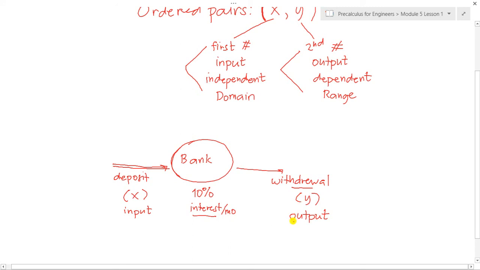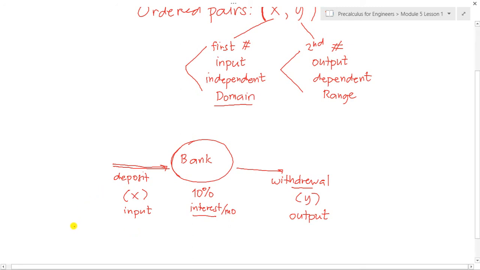And then next, why is it called a domain? For our input x, when you say domain, these are all the possible values of our input. Right? Your deposit amount is not limited to a single amount of money.